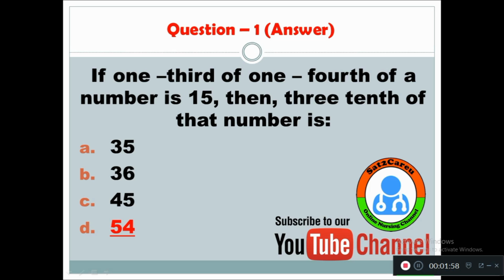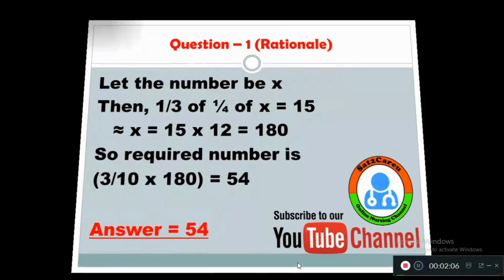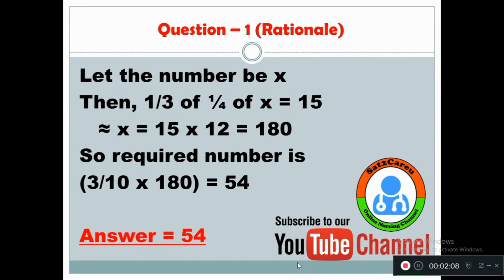If 1/3 of 1/4 of a number is 15, then 3/10 of that number is what? So this is the question. Now the particular number we can assume as x. Now 1/3 of 1/4 of that number is 15. Of means multiplication. So now x is equal to 15 into 12.